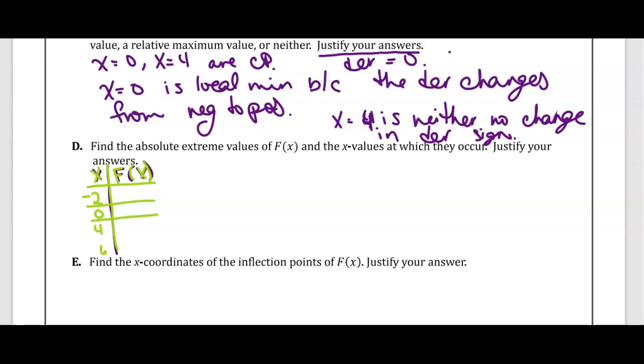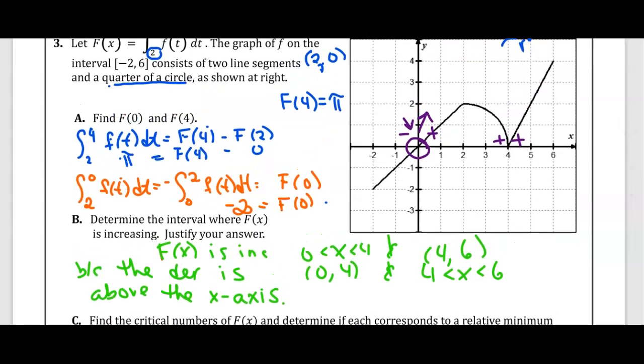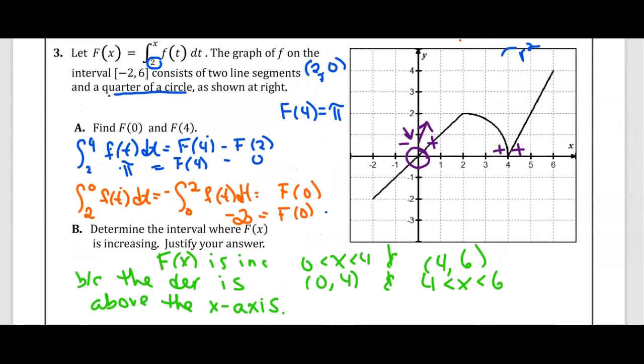From the information that we found in A, that's -2, that's pi. So 4 to 6, that's a big triangle. 2 by 4 by a half is going to give me 4.